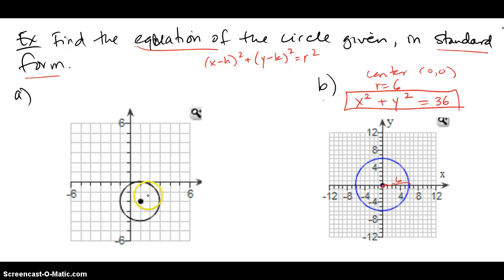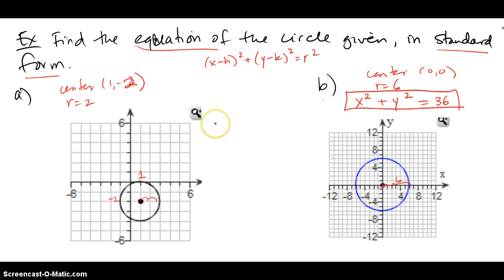Part A, notice the center is going to be 1, 2, 3, 4, 5, 6. So this is a 1 and 1, negative 2. So the center is (1, -2). And then the radius, it looks like it's a 2.